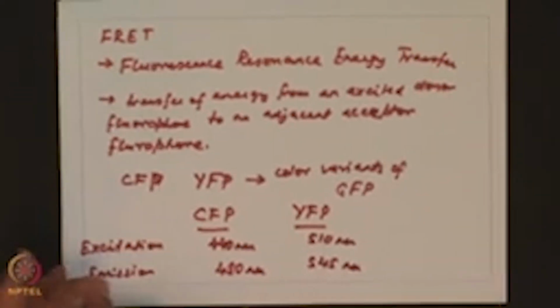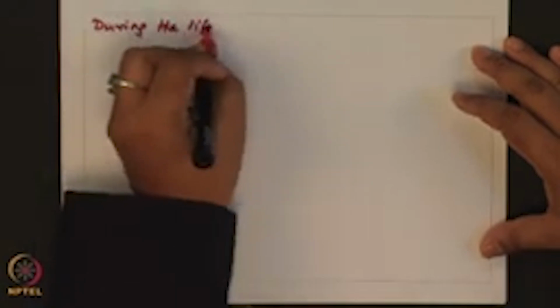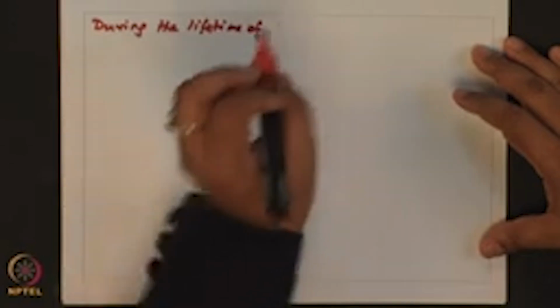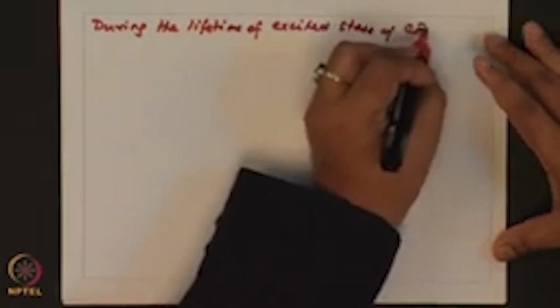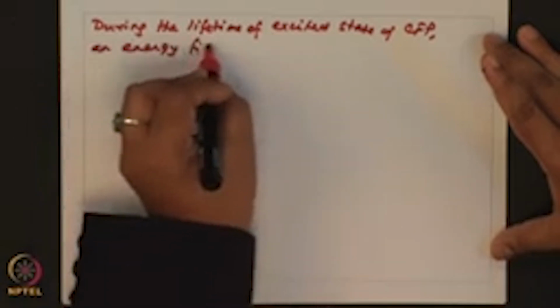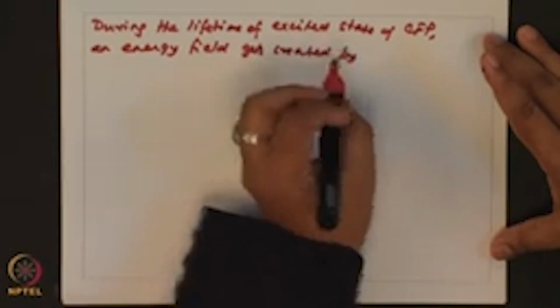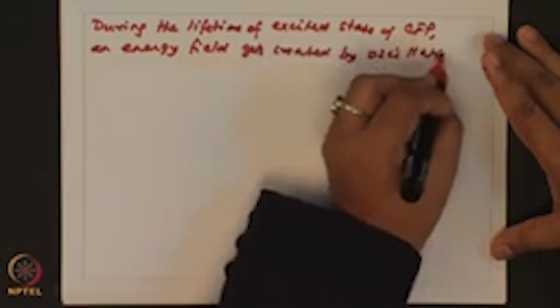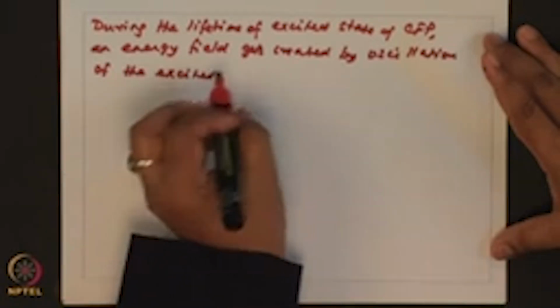Now, what has been shown is that during the lifetime of the excited state of CFP, an energy field gets created by oscillation of the excited electron.